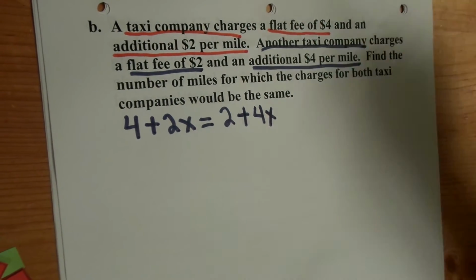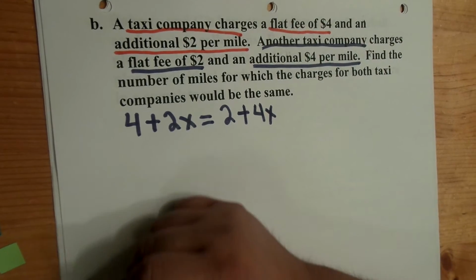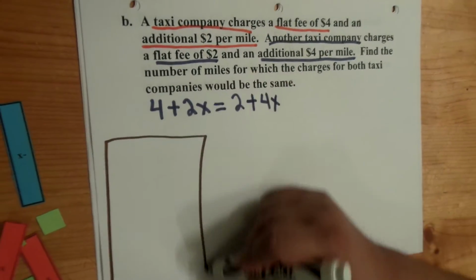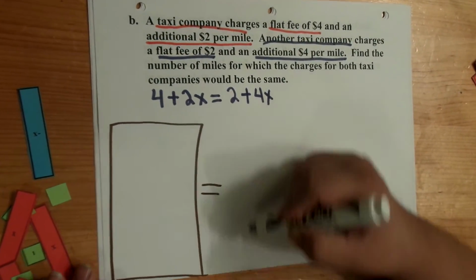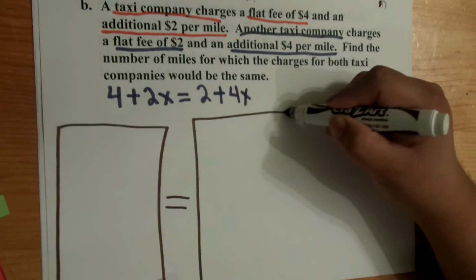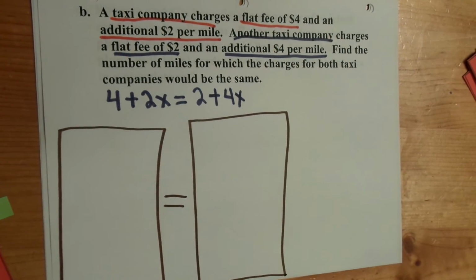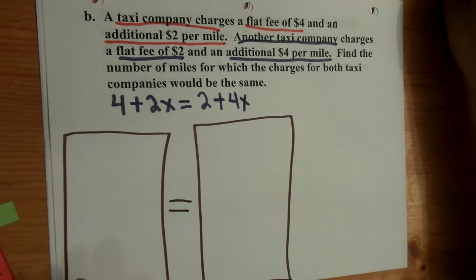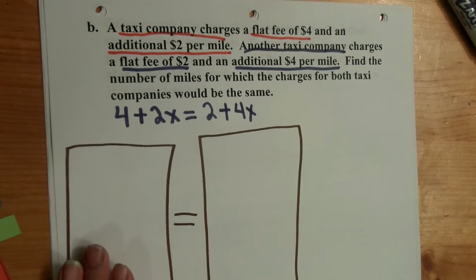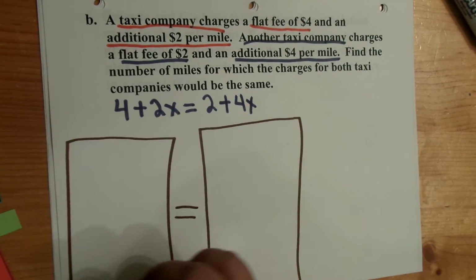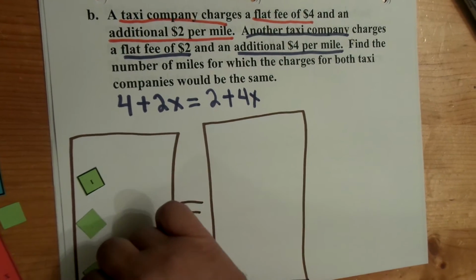And remember, our first step we're going to do now is draw an equation map. So we have one red triangle here, an equal sign, and another red triangle. Now let's go ahead and display them on the equation map. We have 4 as our constant on the left side, 1, 2, 3, 4.